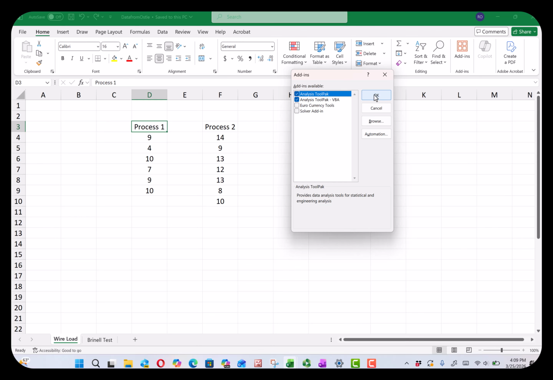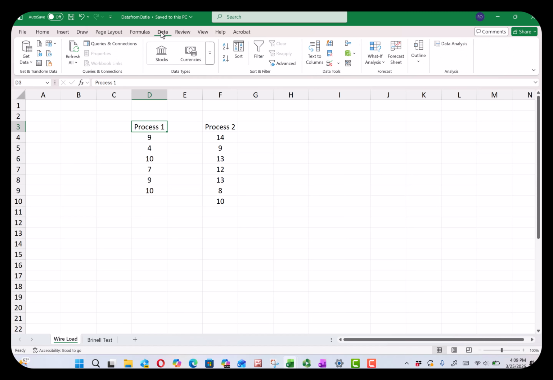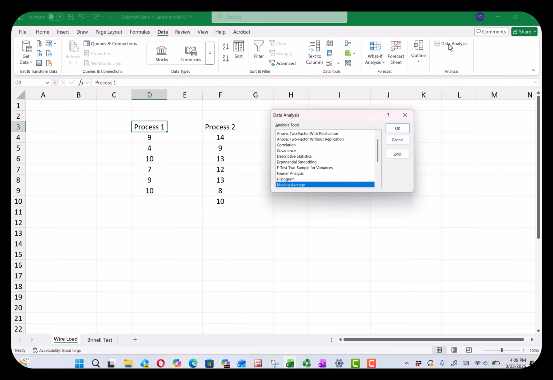So there's not much to do there. Say OK. Then if you go to the Data tab, the Data Analysis ToolPak shows up on the top right. It is a list of statistical programs that Excel has built in but are not turned on unless you have the ToolPak running.